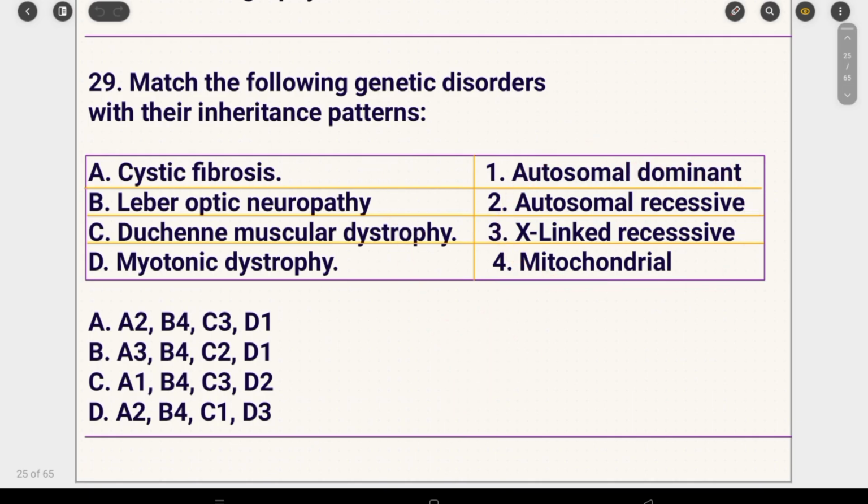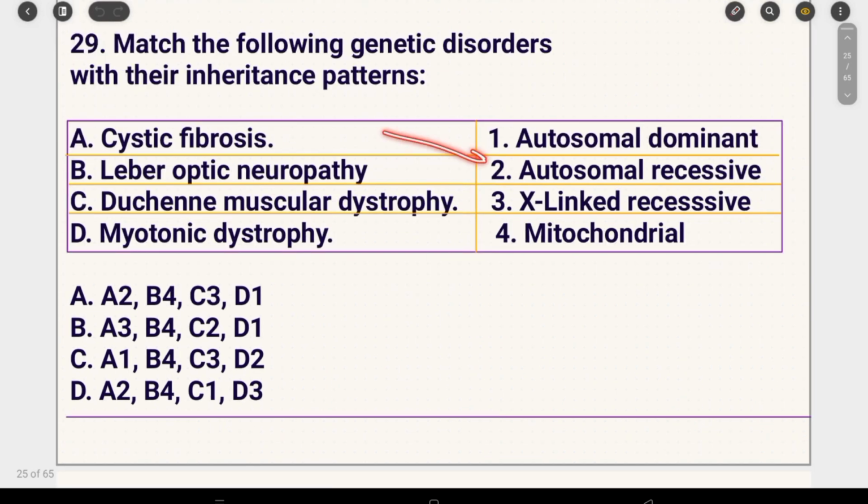Okay, first thing, cystic fibrosis. We have learned cystic fibrosis many times. It is also very, very important, but you can remember this is recessive. Fibrosis is recessive. A is 2. Only two options have A2.